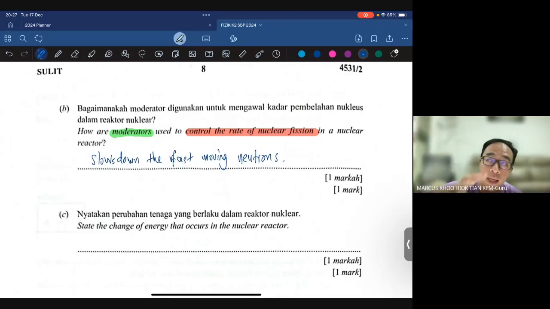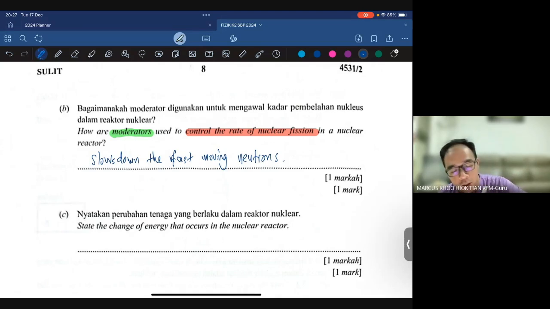Even in section B and section C, if you see the moderator, the job is basically to slow down the fast-moving neutrons. It is an answer that you should memorize as a set.